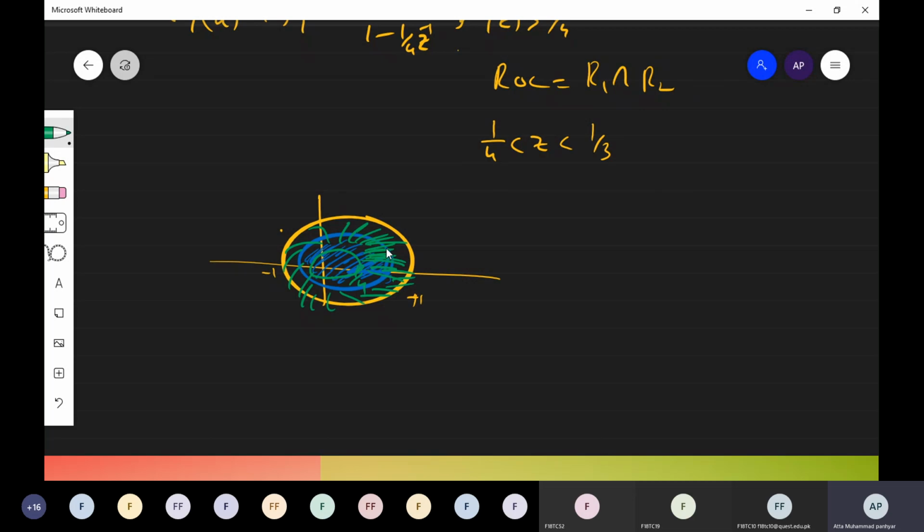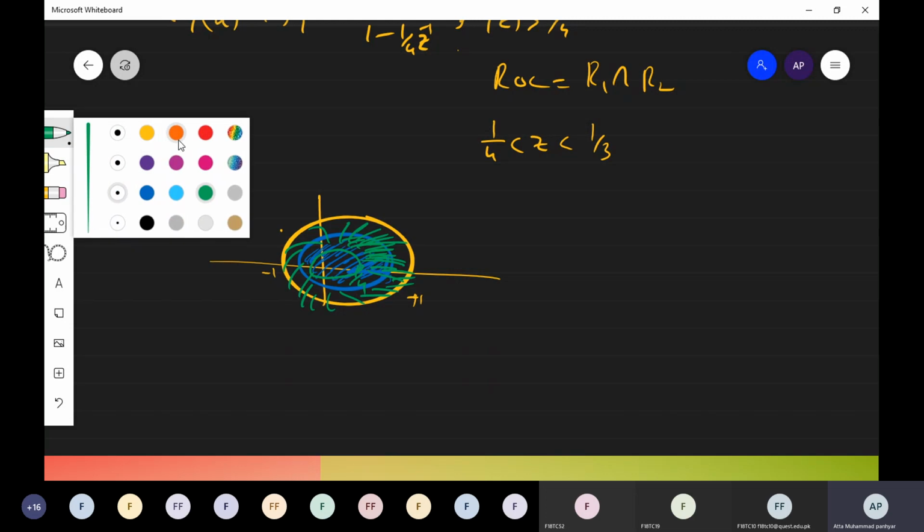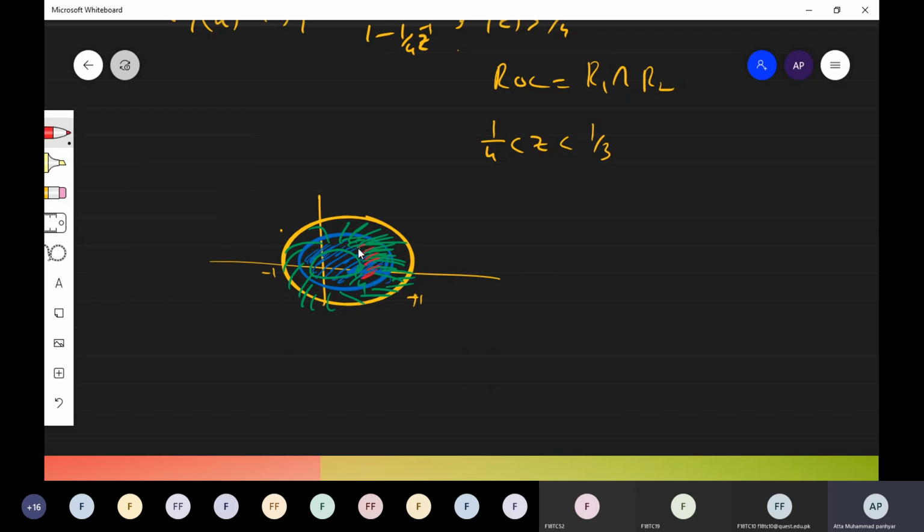Now you can see the common region is the region between 1/4 and 1/3, this ring shaped region, right?